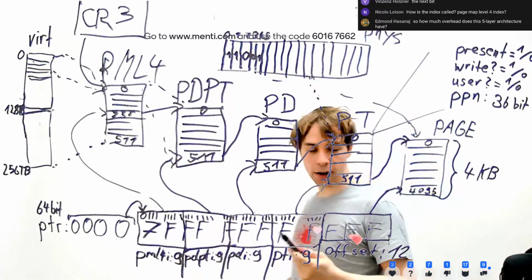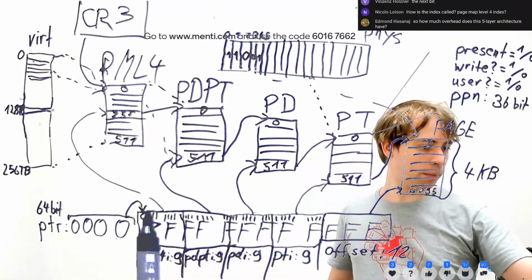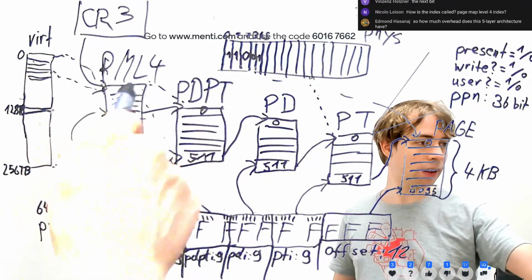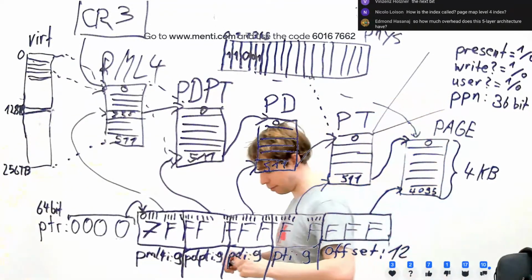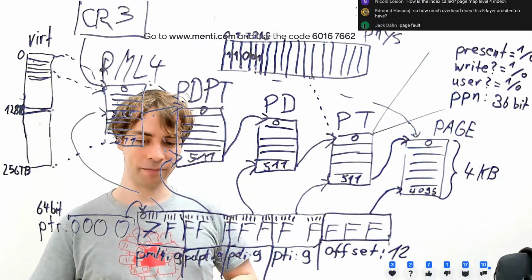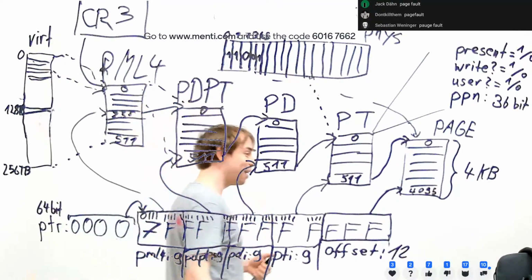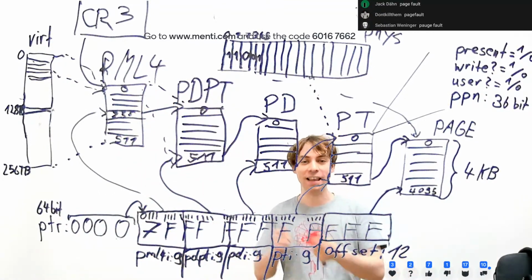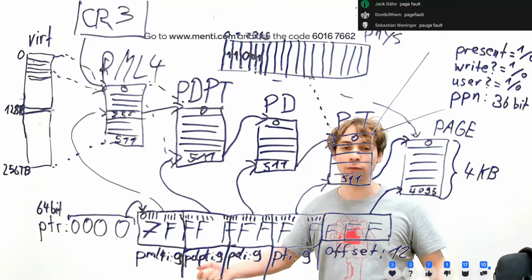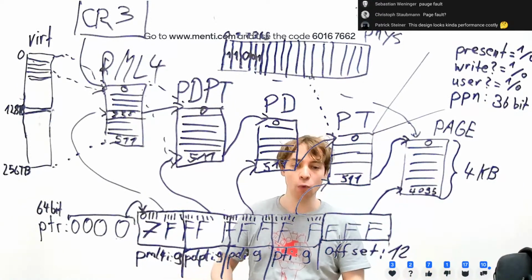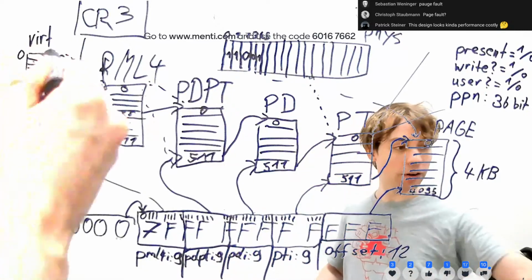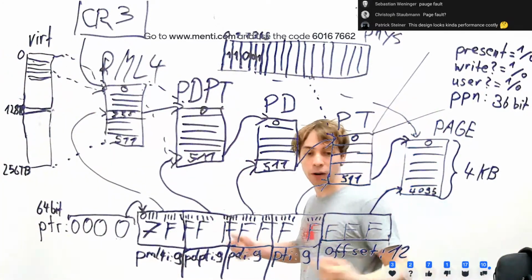What happens if I access an address, go to this location, and here the present bit is not set in the page map level 4? What happens? A page fault, exactly. We get a page fault. And this is how addresses can be invalid, because some of these pages are not mapped, and that's why we get page faults, or as we called it in ESP or SAP, we get seg faults if it shouldn't be a valid address. For instance, for the null pointer, this present bit will not be set, and therefore we get a page fault.